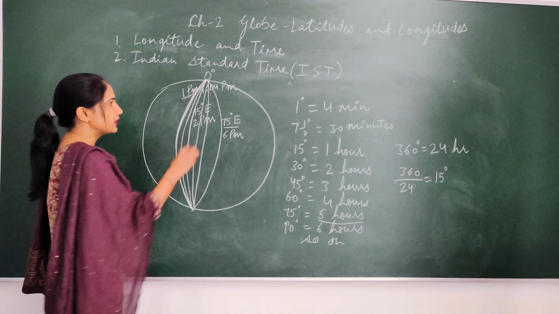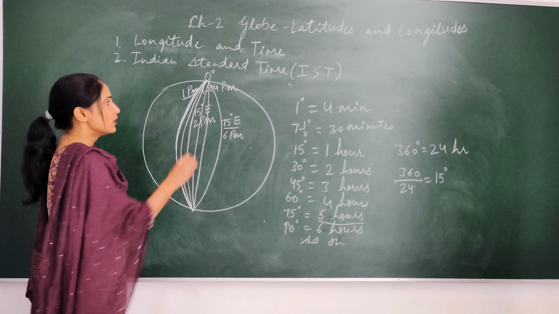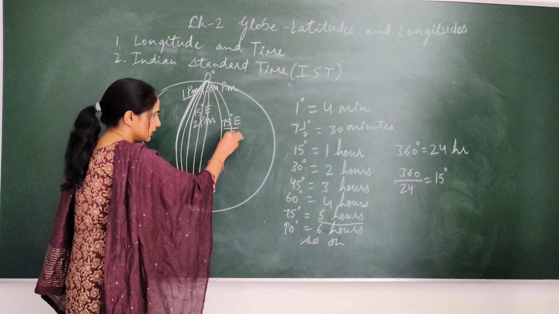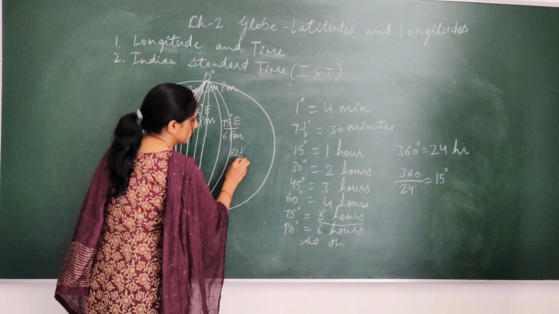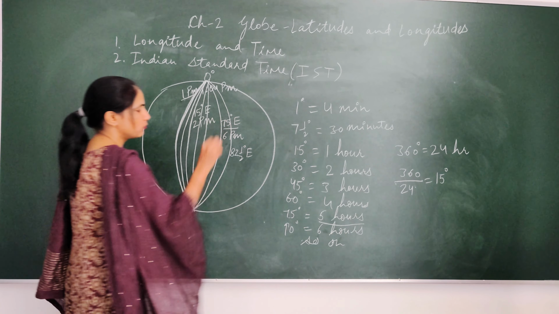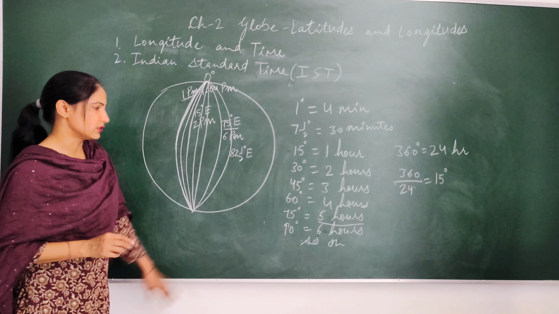Now calculate the time. If at 0 degree the time is 1 p.m., what will be the time at 82.5 degree east? What will be the time difference we experience here?